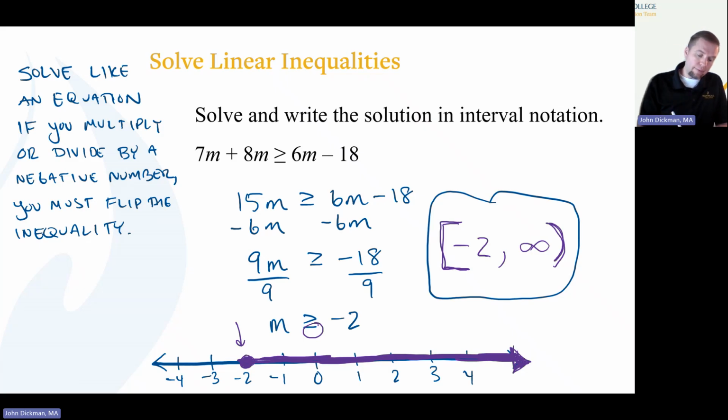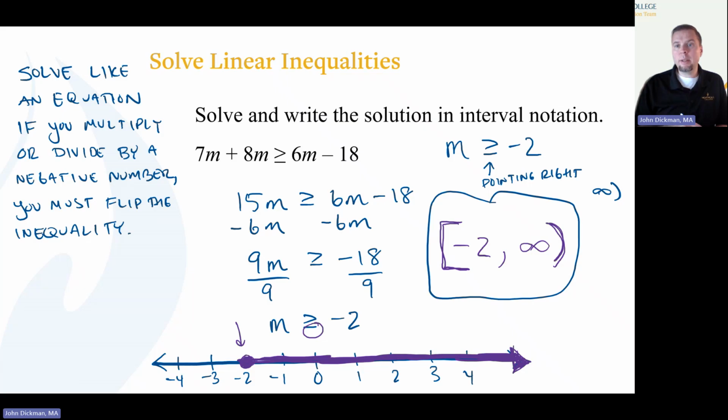Just realize that if you have your variable on the left side of the inequality, which I highly recommend, so in this case, m is greater than or equal to -2, and the arrow is pointing to the right, you will have infinity on the right side of your interval.